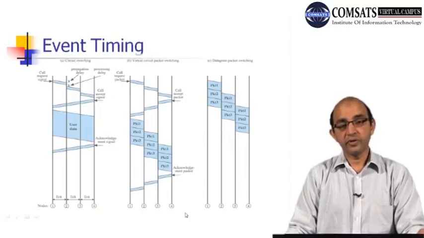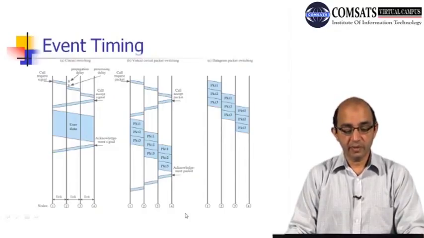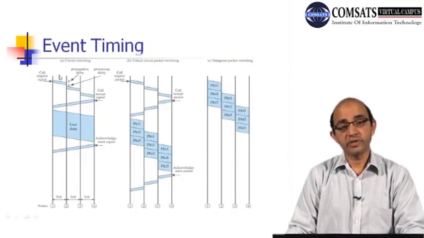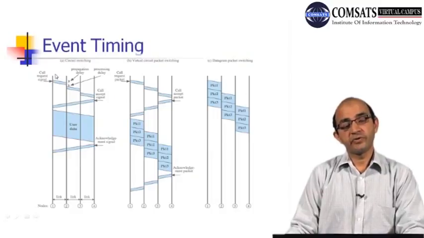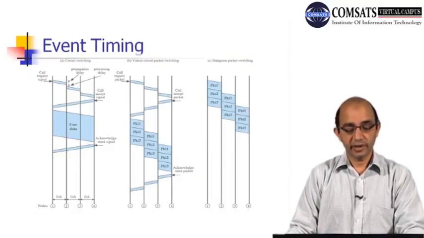So here we have the event timing of circuit switching, virtual circuit packet switching, and Datagram packet switching. You can see here we need call requests, call setup in case of circuit switching, because we need to establish a circuit before the start of the actual data transmission. So we need to set up the circuit, right?